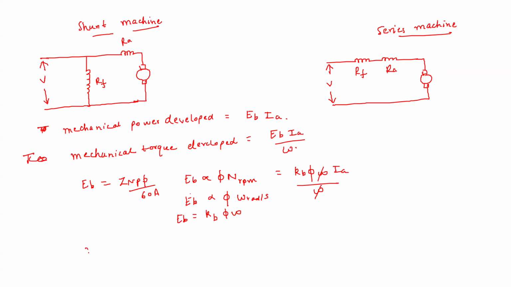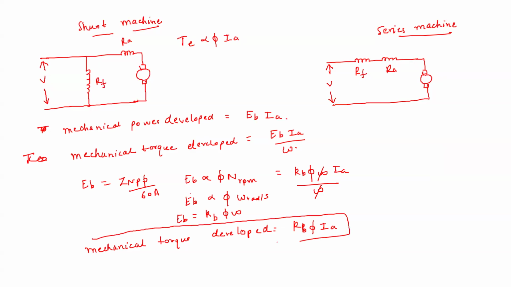So the mechanical torque developed is KB phi IA, which we say all the time, that the electromagnetic torque is proportional to phi into IA. So it is coming from all this derivation.